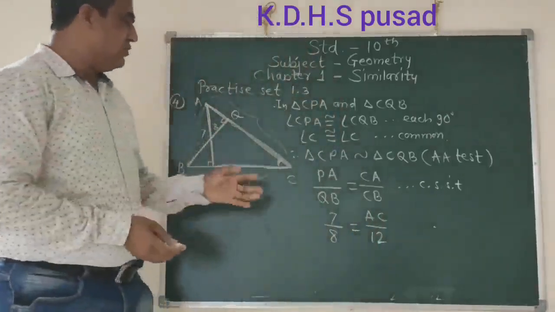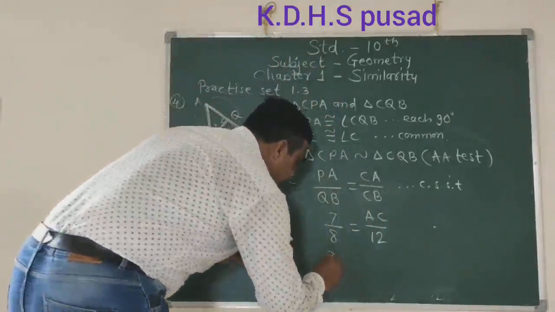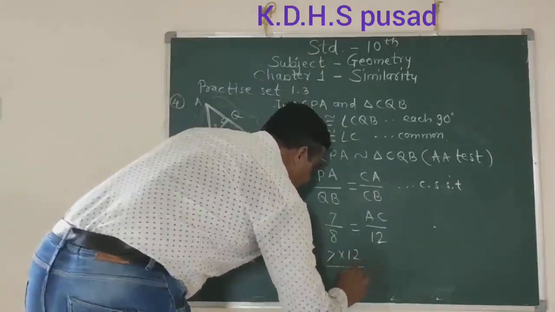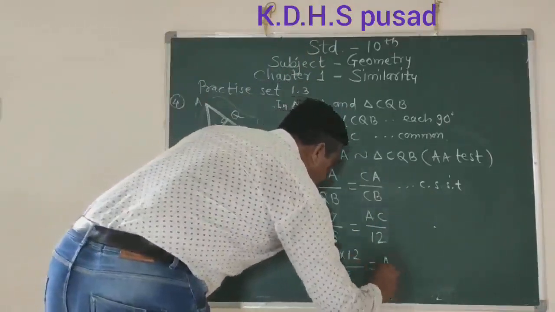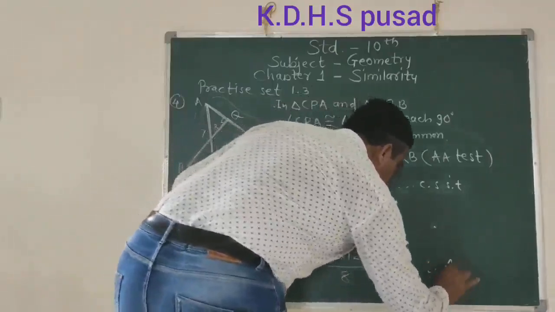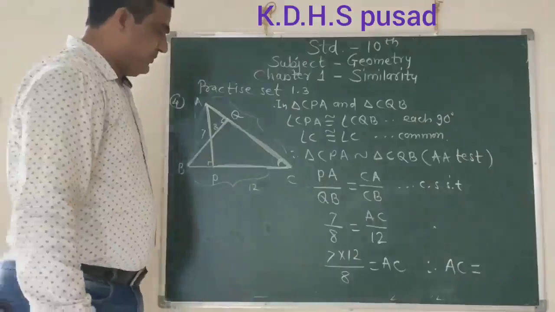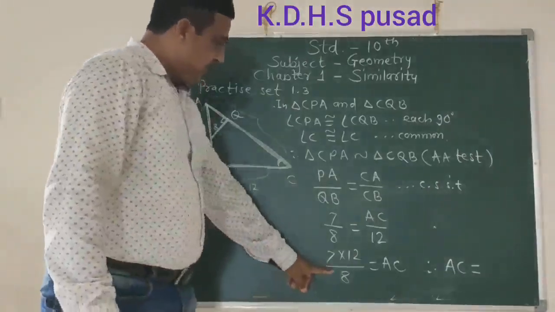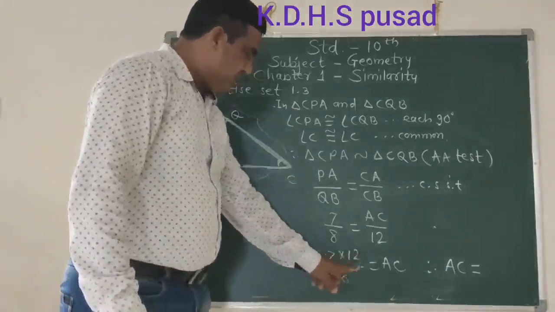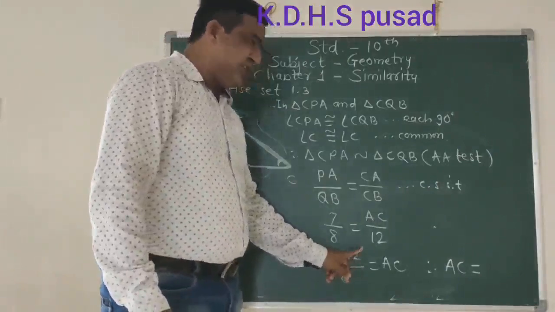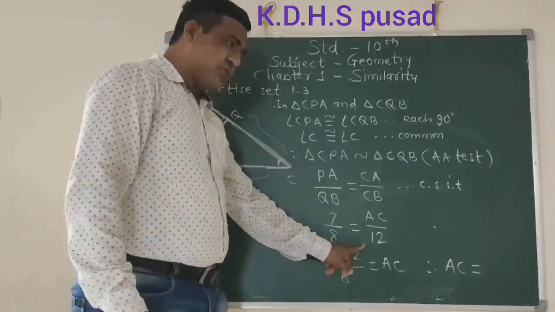So by putting values and performing cross multiplication, 7 into 12 by 8 is equal to AC. And therefore, AC equals 84 by 8.